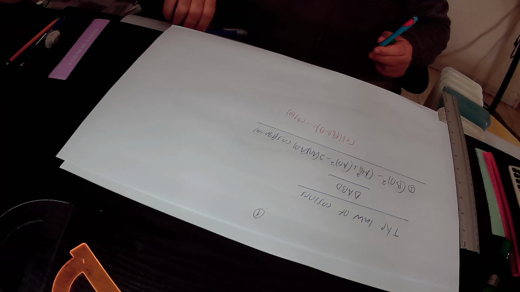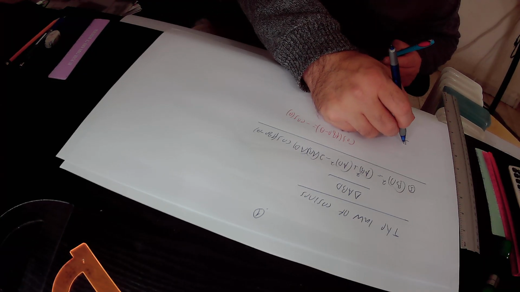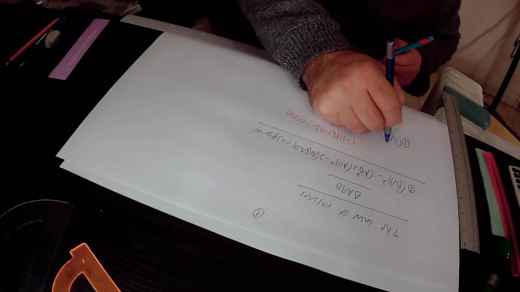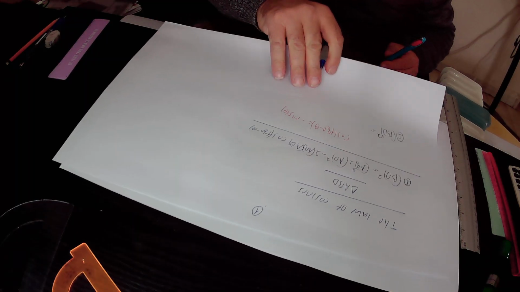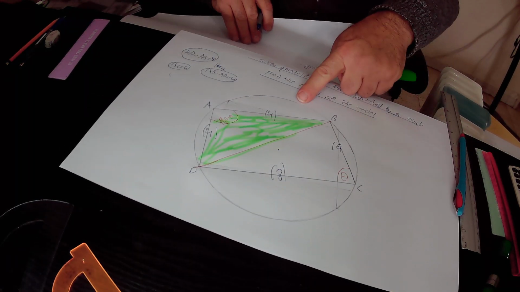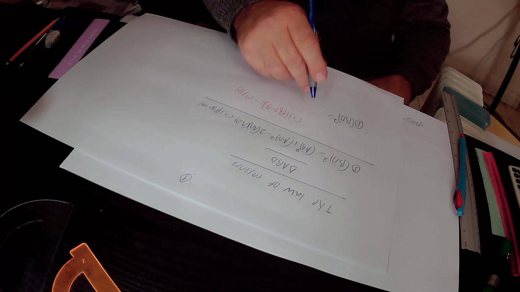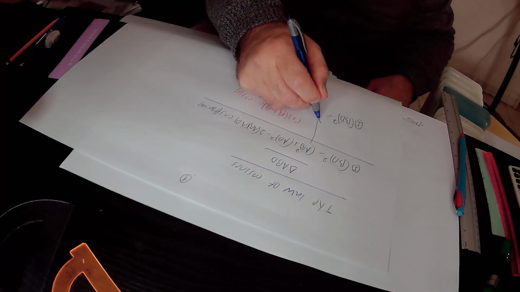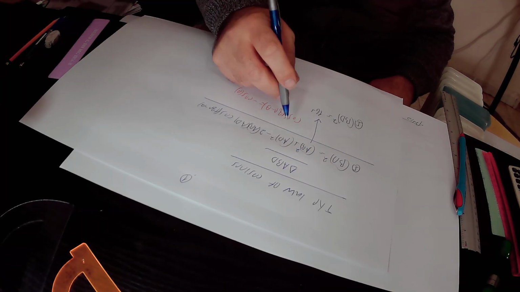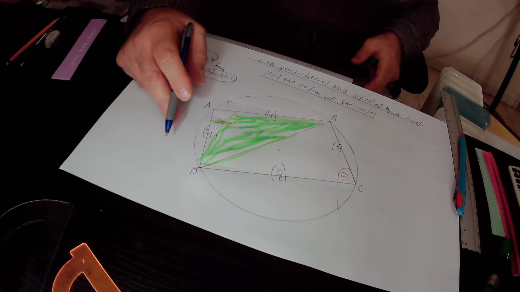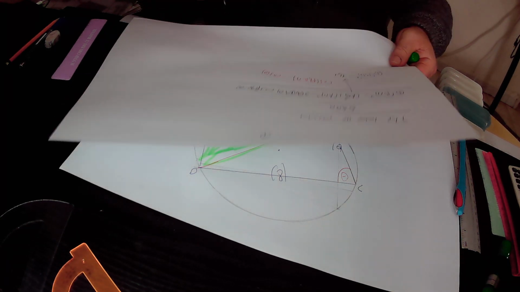And we get that BD squared equals AB squared. AB is 4, therefore AB squared is 16. Plus AD squared. AD is also 4, therefore AD squared is also 16.